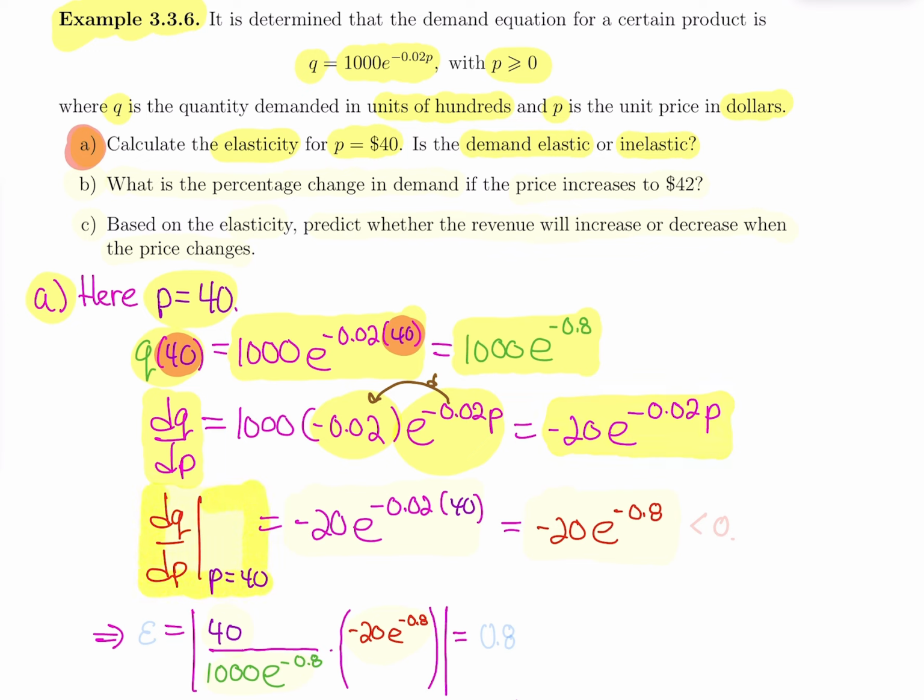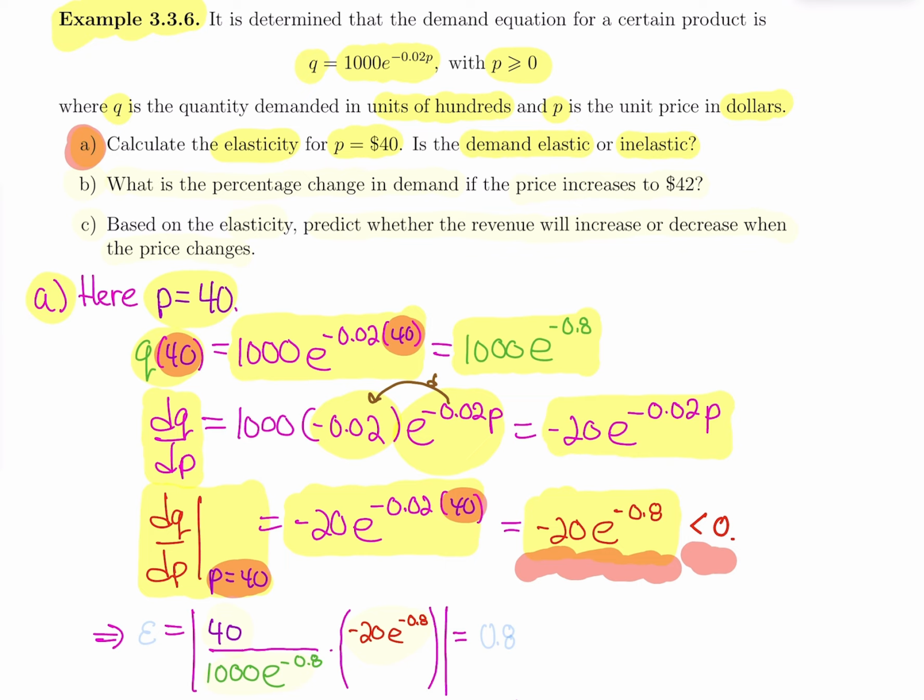If you evaluate your derivative at 40, simply replacing P by 40, you can verify that this will give you minus 20 times e to the minus 0.8. And here, a very nice remark: this quantity will always be negative. Remember, the derivative of a demand is always negative. So this is a good way to catch any mistakes if you don't get a negative value here.